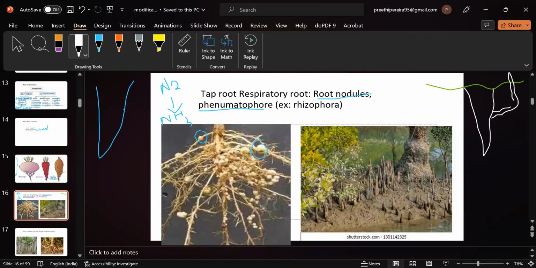Okay, ऐसा root, secondary roots ऐसे ऊपर. So what did we see in the first slide? I told roots are positive geotropic. अभी ये क्या कर रहा है roots? ऐसे ऊपर जा रहा है.